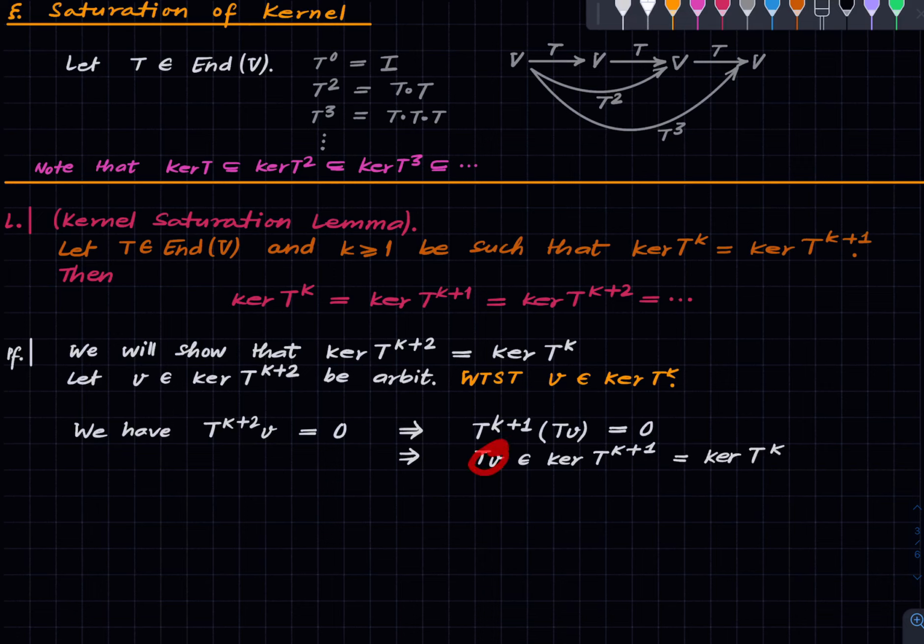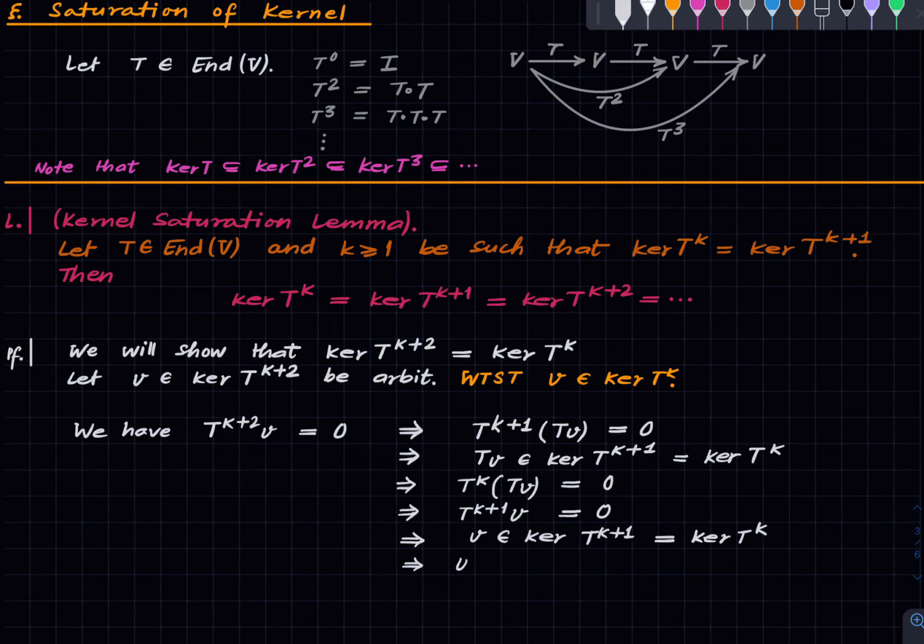So therefore this lies there, and hence this is the case. Therefore we have that, which is the same as saying v is in the kernel of T to the k plus 1. But once again, kernel of T to the k plus 1 is kernel T to the k by hypothesis, and therefore we are done. This shows the orange thing and we are done.